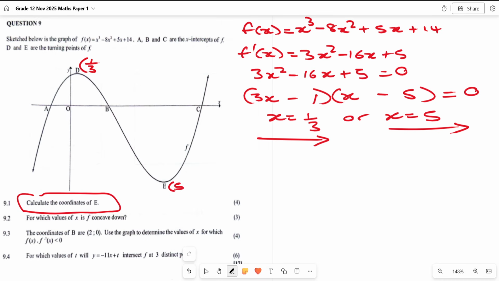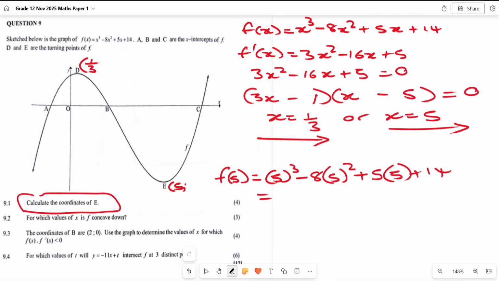What did they say? They want the entire coordinate. So we need to substitute the 5. We're going to say f of 5, and in every place of x, we're going to put 5. So 5 cubed minus 8 times 5 squared plus 5 times 5 plus 14.